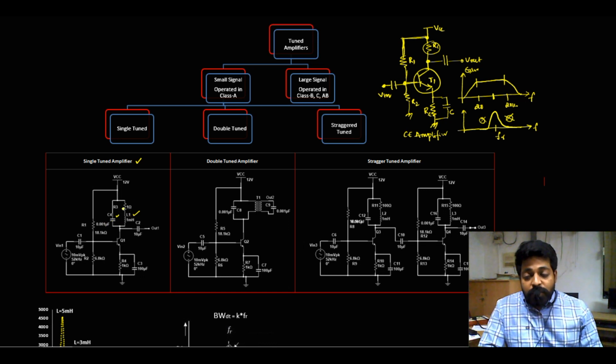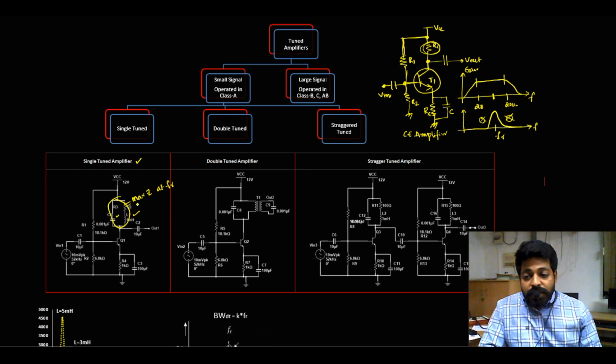Because I'm expecting the maximum gain only at selected frequencies. When that particular resonant frequency comes, the impedance of this module should be very high. That is possible only with the tank circuit, which offers maximum impedance at the resonant frequency FR.